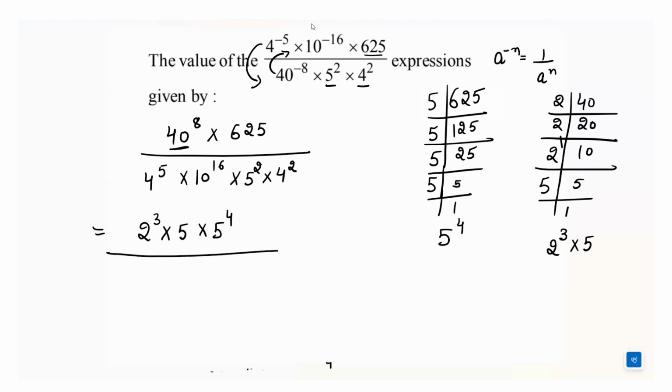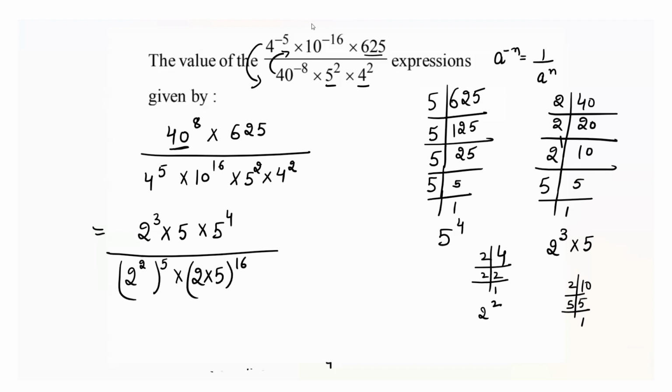Now 4 can be written as 2 raised to power 2. So we'll write that here: 2 raised to power 2 and then 5 outside the bracket. Then 10 can be written as 2, 5, 5, 1. That means 2 into 5 raised to power 16 into 5 raised to power 2.